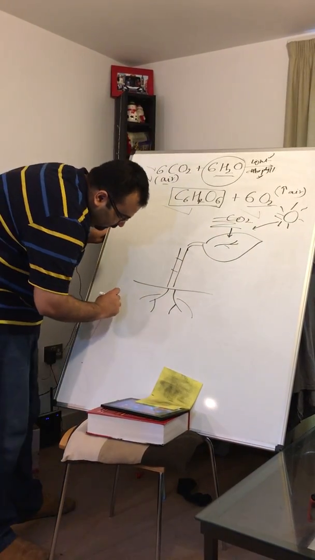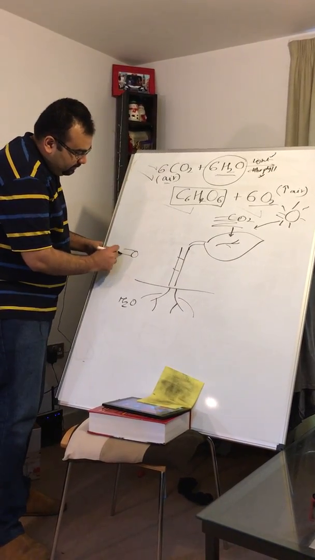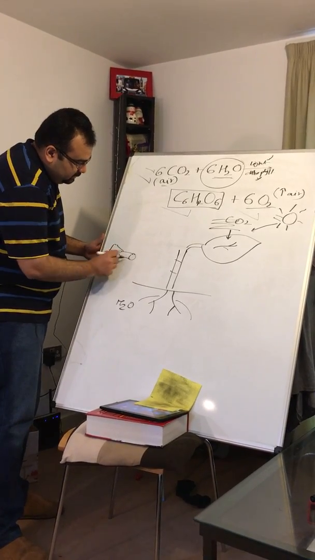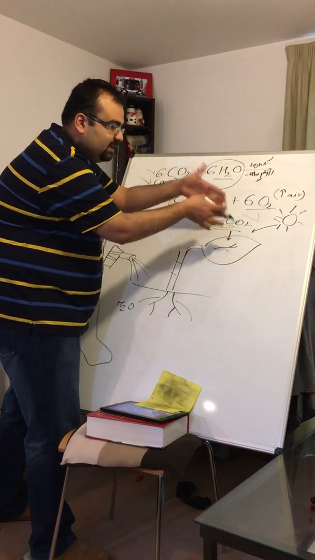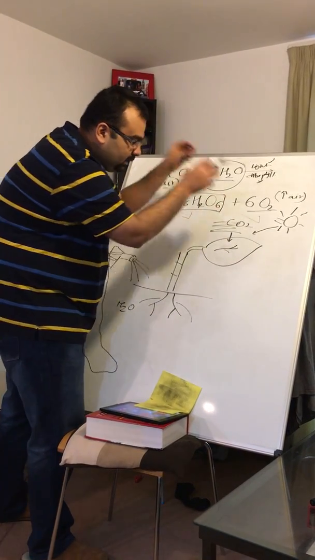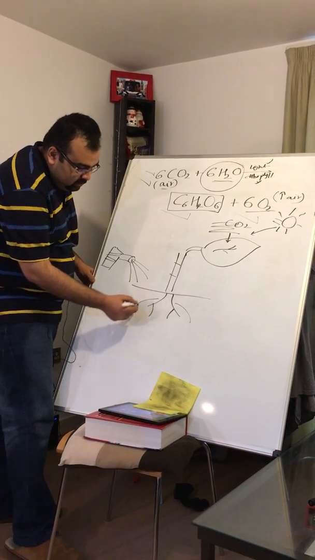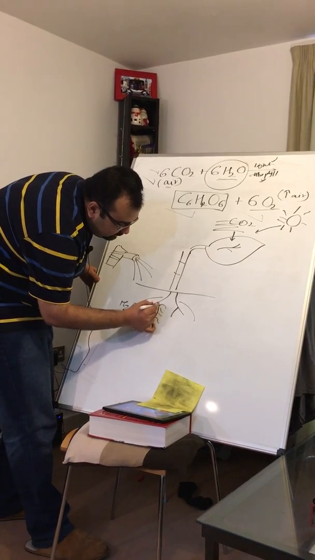Now water has to come from the soil. You give water. You might have given it in your own garden as well. You give water to the soil. Now water is not given to the leaf. Leaf doesn't take water from direct application of water on the leaf. It has to go to the soil. It is these roots. These roots have got small hair.